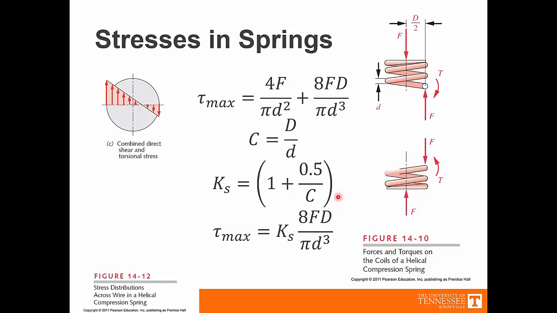Here's the 1, that's this portion right here, and the 0.5 over c results in this portion over here. This gives us a nice constant that's a function of the spring index, multiplied by other values, that easily finds the maximum stress.